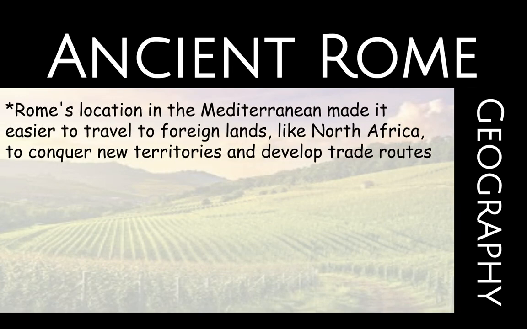Rome's location in the Mediterranean Sea made it much easier for Rome to travel to areas like North Africa and Asia Minor in order to establish trade routes and to conquer territory. So it doesn't come as a surprise that they controlled all of the territory surrounding the Mediterranean Sea.